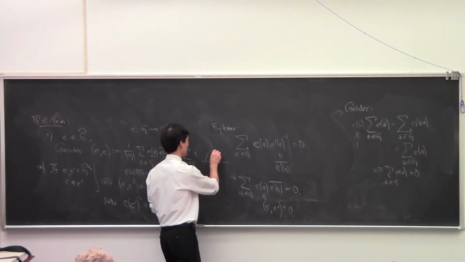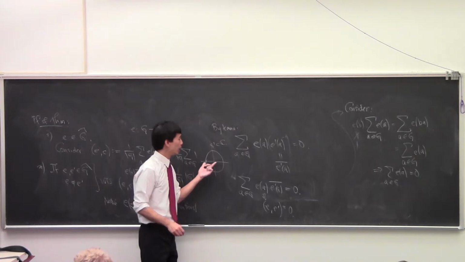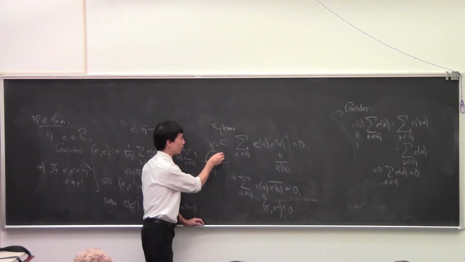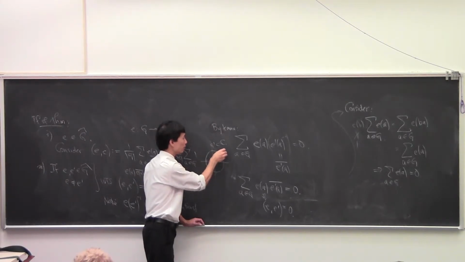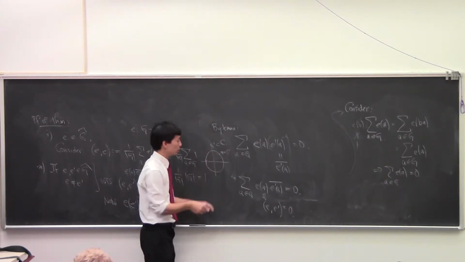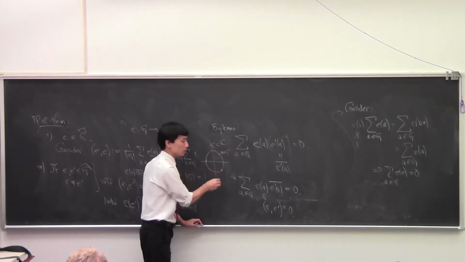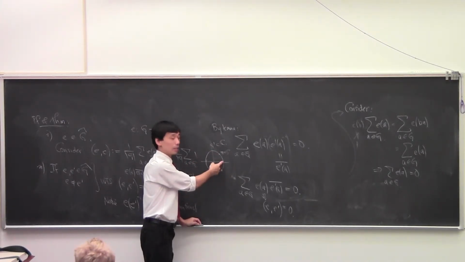So here is S1 inside the complex plane, and the group is under complex multiplication. If this is a point in S1, what is the inverse point? Well, the inverse point is this point, because when you multiply these two together, you get 1, the identity.